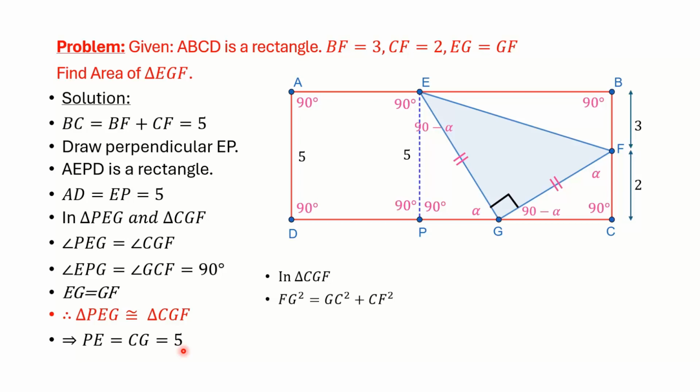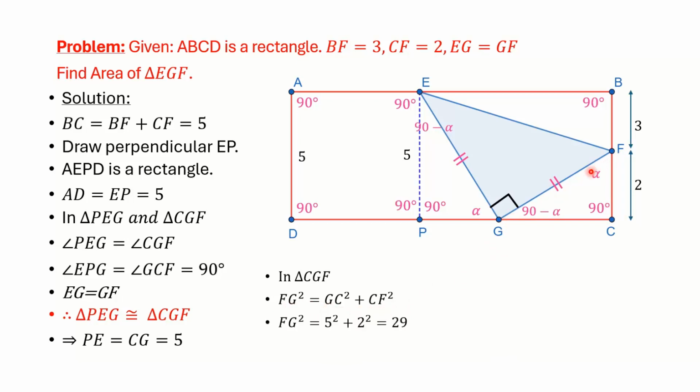Now let us consider triangle CGF, that is this triangle. Now I know this length is 5 units and this length is 2 units. I can use the Pythagoras theorem to calculate this length. From the Pythagoras theorem, this is the hypotenuse. So FG square equals CG square plus CF square.